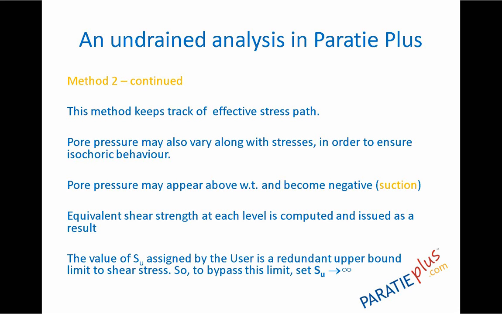And what is important to see is that pore pressure may appear even above the water table and may become negative. So there may be suction, an effect that normally really happens in an over-consolidated clay.